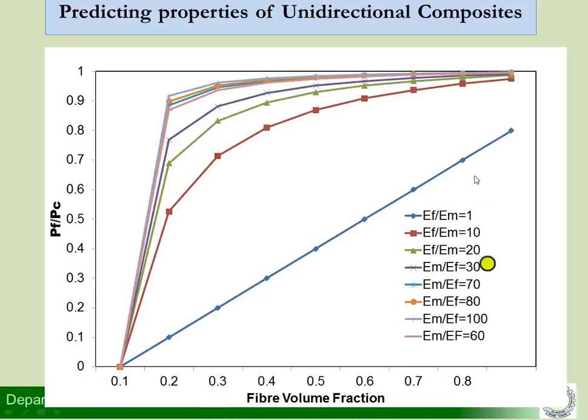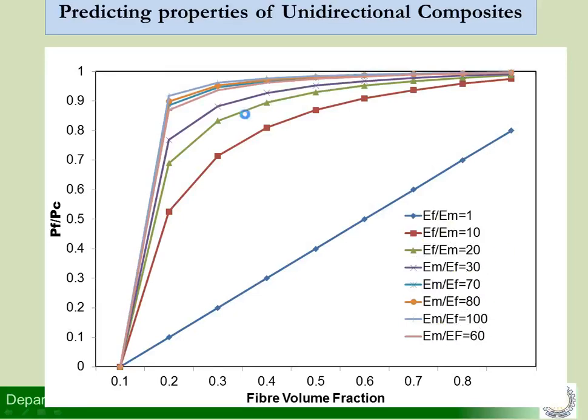And I have plotted it for various values of the ratio EF upon EM. EF upon EM is 1, which simply means that the fiber and the matrix are the same material. EF by EM equal to 10 means the fiber is 10 times stiffer than the matrix. And similarly, we see others also, 30, 70, and I have plotted up to 100.